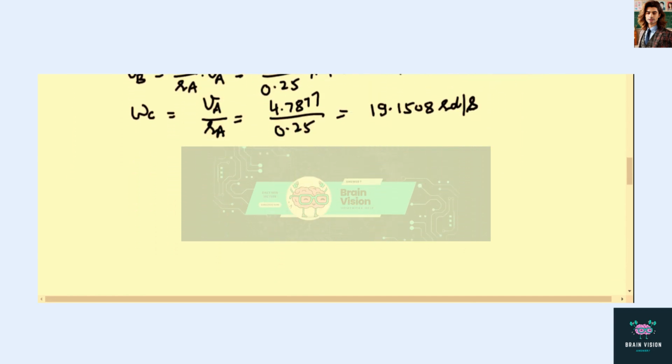After the cylinder striking the ground, again we have to apply work energy theorem.